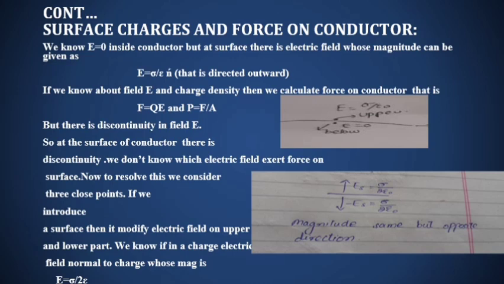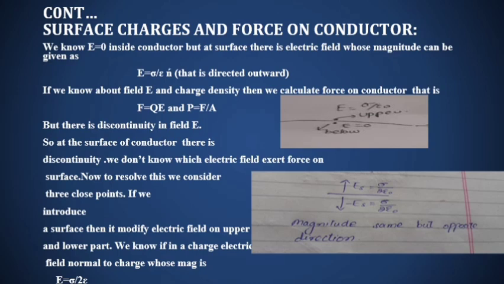But there is a discontinuity in the field E at the surface of the conductor, so we don't know which electric field exerts force on the surface. To resolve this, we consider three close points.